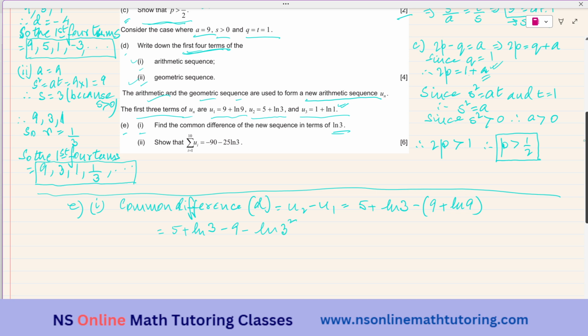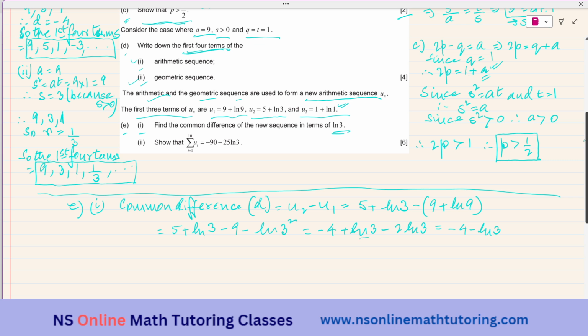Okay, so this is equal to 5 minus 9 is minus 4 and plus ln of 3 minus 2 ln of 3, which is equal to minus 4 minus ln of 3. Just because it is ln of 3, the addition or subtraction rule will not change.